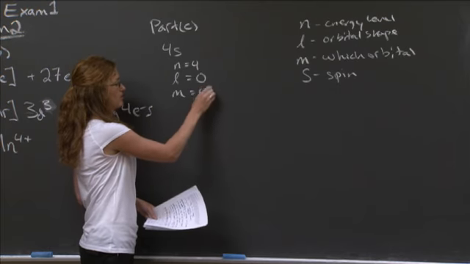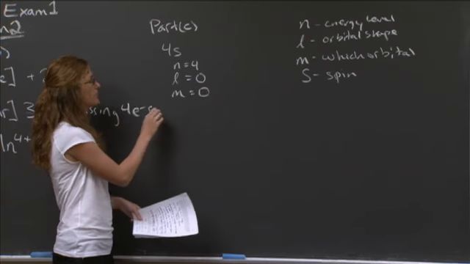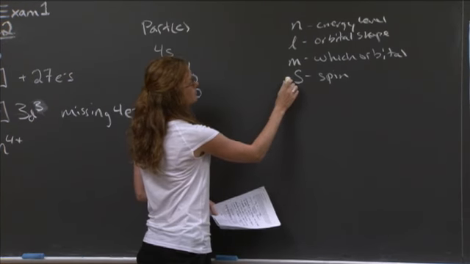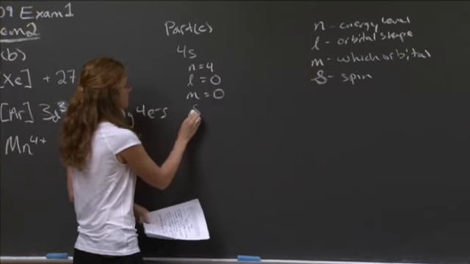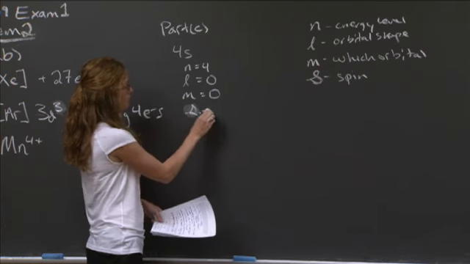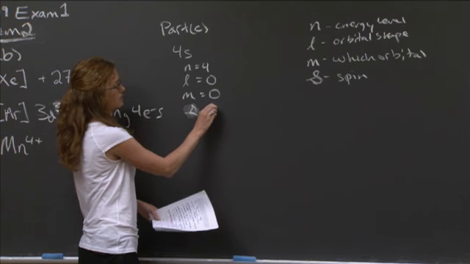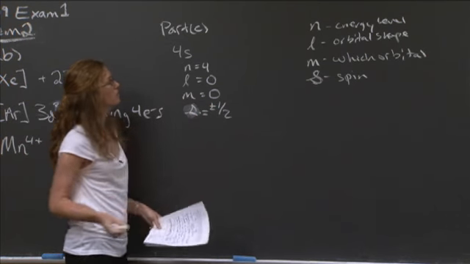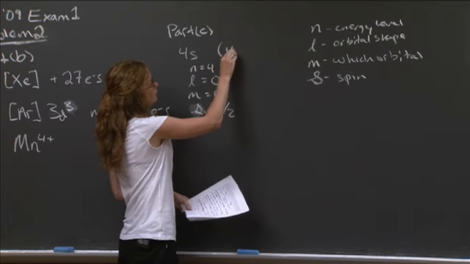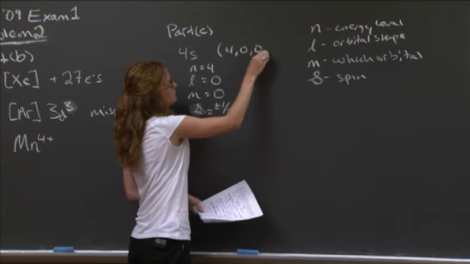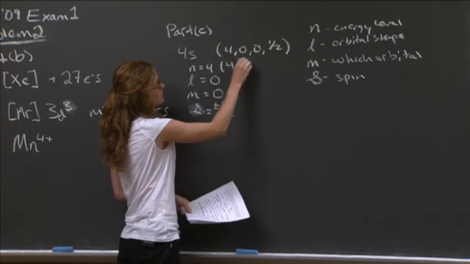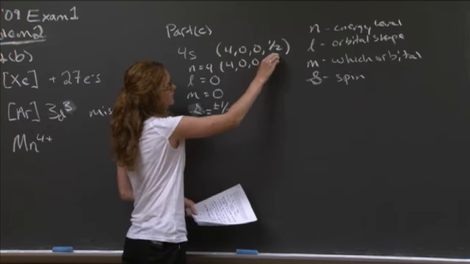So m always equals 0 for s. And your spin, and I'm going to make that a script s just so it's less confusing, is plus or minus 1/2. So the answer to this problem could have been 4, 0, 0, 1/2, or 4, 0, 0, minus 1/2.